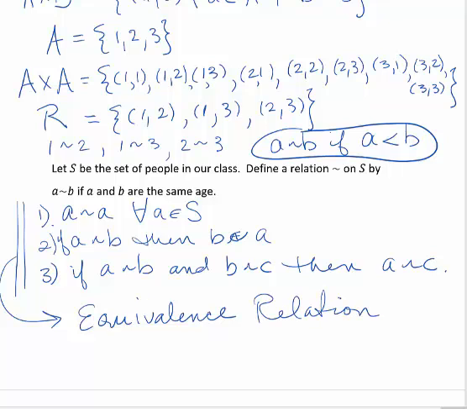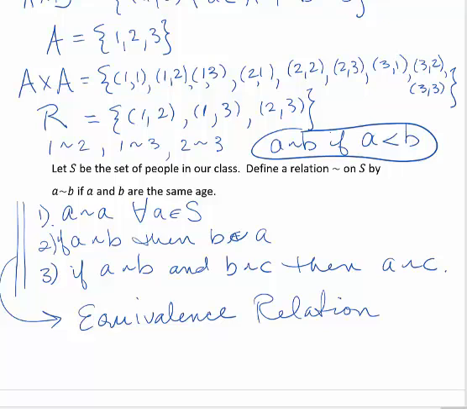If you look at the relation that we first spoke about, the subset of A cross A containing just 3 ordered pairs, notice each element is not related to itself. (1, 1) is not there, (2, 2) is not there, (3, 3) is not there. And also, if a is less than b, then b is not less than a.